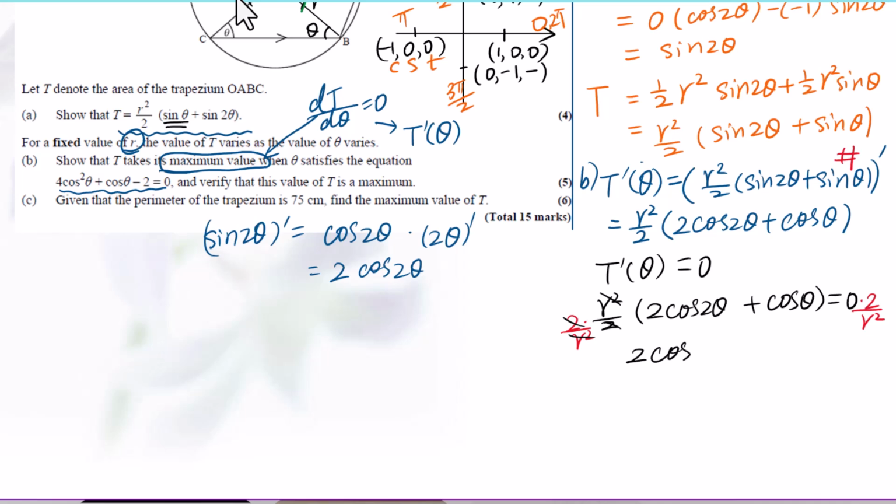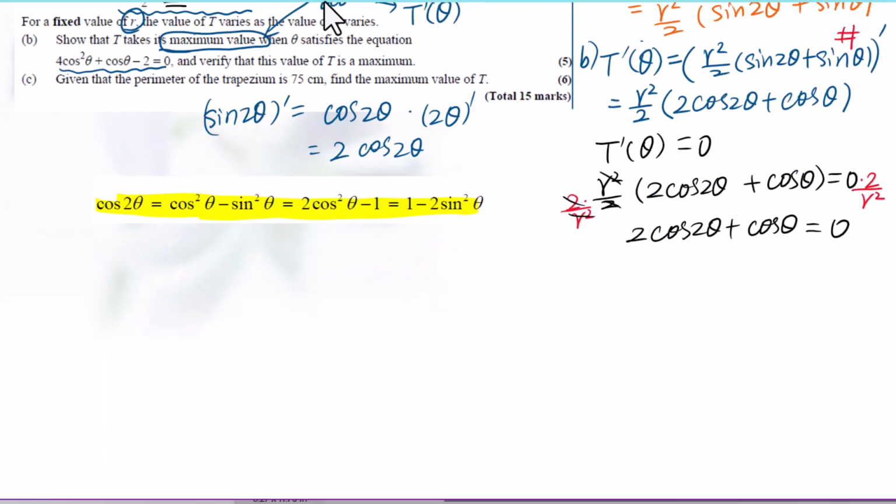2 cosine 2 theta plus cosine theta equals 0. Based on the double angle formula, we change cosine 2 theta into 2 cosine squared theta minus 1.